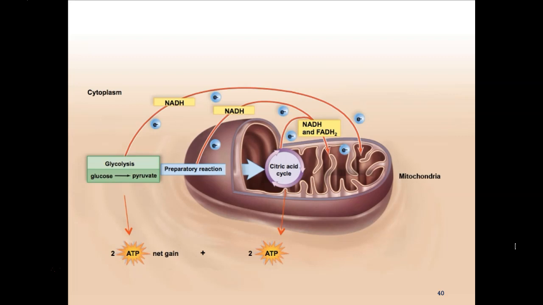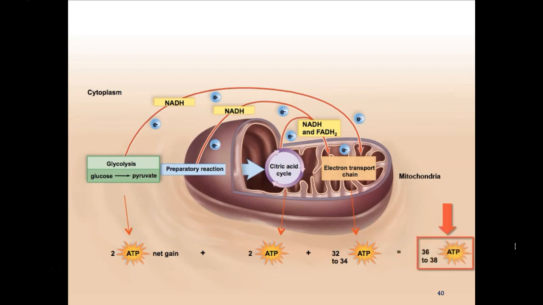The final set of reactions are collectively called the electron transport chain. The inputs to the electron transport chain are the NADH and FADH2 molecules from glycolysis, the preparatory reactions, and the citric acid cycle. This stage of cellular respiration uses chemiosmosis to produce the majority of the ATP needed by the cell. It is here that oxygen is used as an electron acceptor, producing small amounts of water. For each glucose entering these pathways, between 36 and 38 ATP molecules are produced.